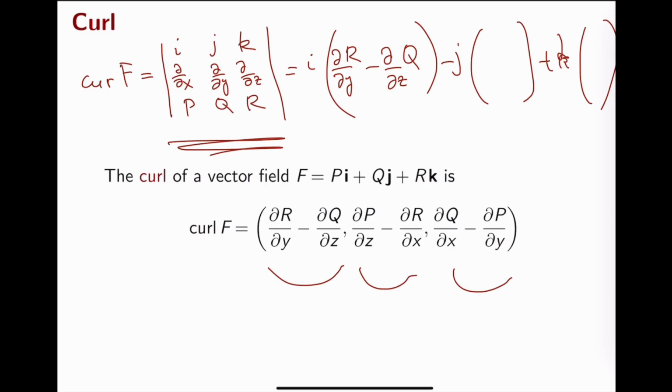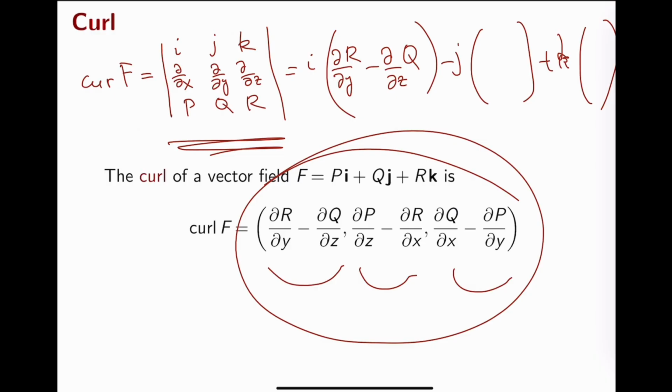The curl of a vector field also has an interpretation in physics. The curl is going to measure the tendency of the fluid to swirl at the point, to rotate at the point. And considering that the curl is a vector field, we have more than a quantity here.